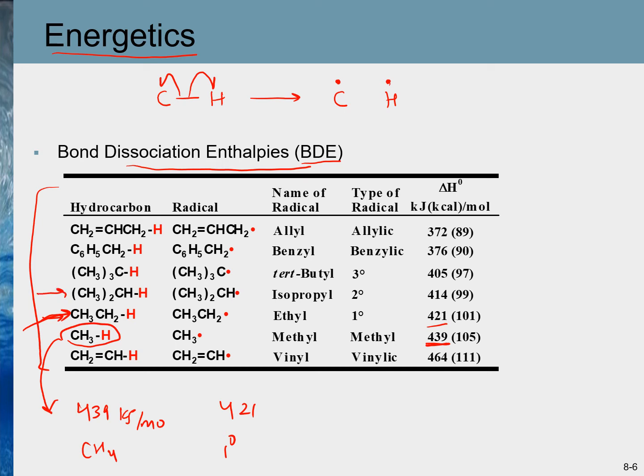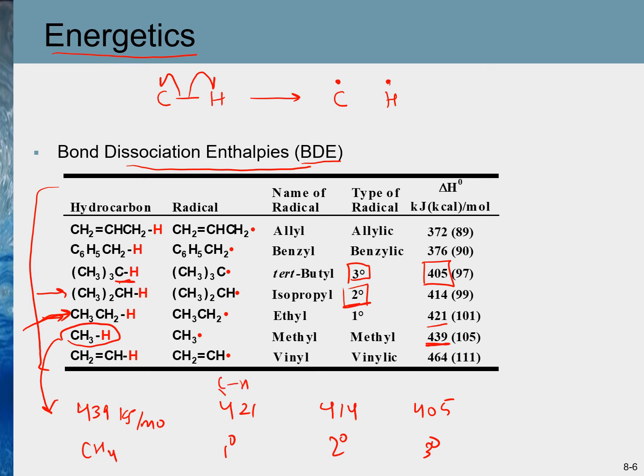For secondary carbon-hydrogen bond, the bond dissociation enthalpy is 414. And finally, the tertiary carbon-hydrogen bond is 405.